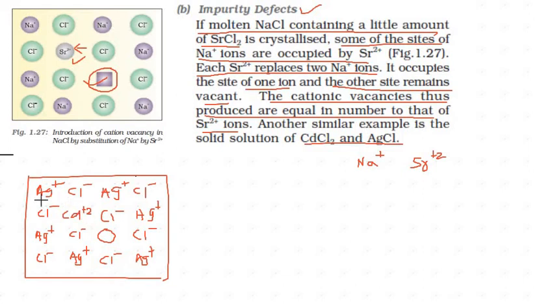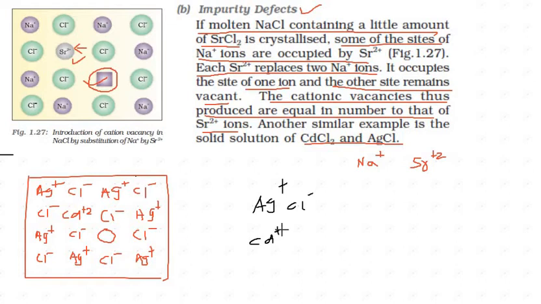In this figure it is an AgCl crystal, with Ag plus and Cl minus, while CdCl2 is introduced, which has Cd plus 2 ions.